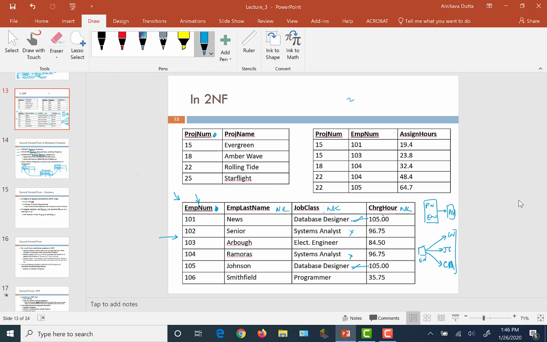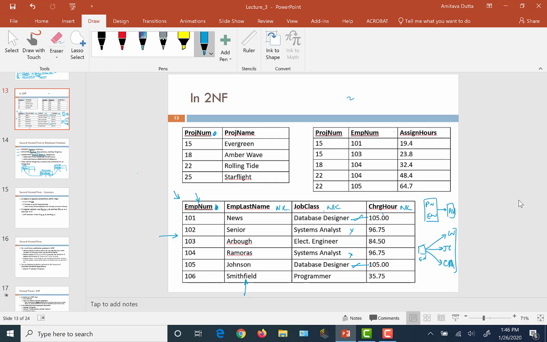Similarly, if you take employee Smithfield, if Smithfield leaves the company, then I delete Smithfield, but as soon as that happens, I also lose the information that the hourly rate of a programmer is $35.75. Why? Because Smithfield is the only programmer in this set.